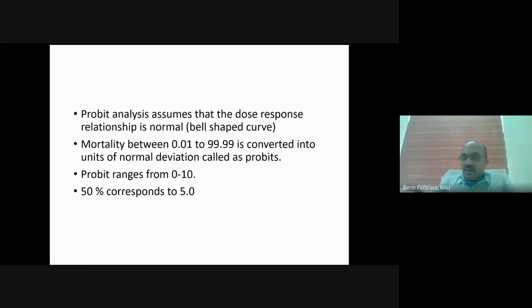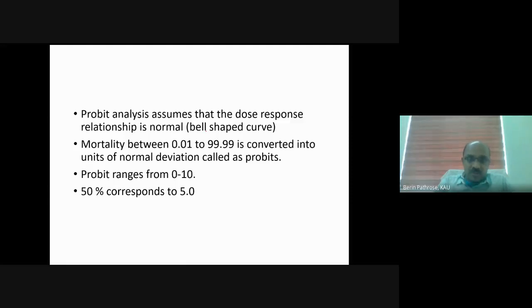So this is the basic assumption: we assume that the dose-mortality relationship, because we normally talk about mortality caused by insecticide, is normal or has a bell-shaped curve.